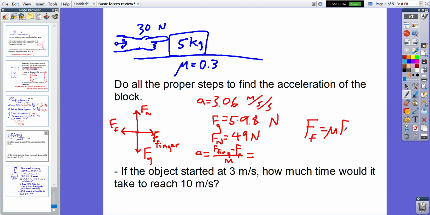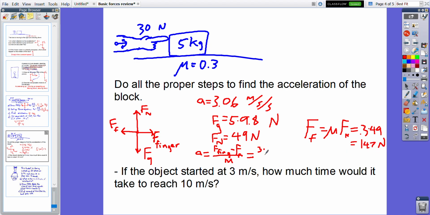It is not mu times gravity. It is mu times the normal force. In this case, normal force is the same as gravity, but it's not generally gravity. So you calculate that, and you're going to get 0.3 times 49. And I think if you do that, you get like 14.7 newtons.